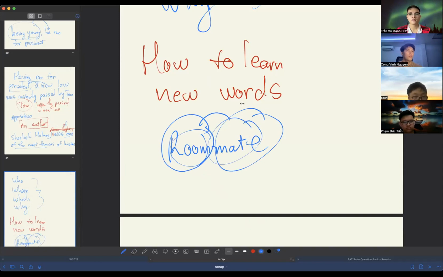No, they are not similar, but they can be combined to make 1 word that has a bit of each word's meaning. So firstly, room is a place you stay in, and mate is a friend, right? So roommate is a friend who shares the same abode, accommodation.